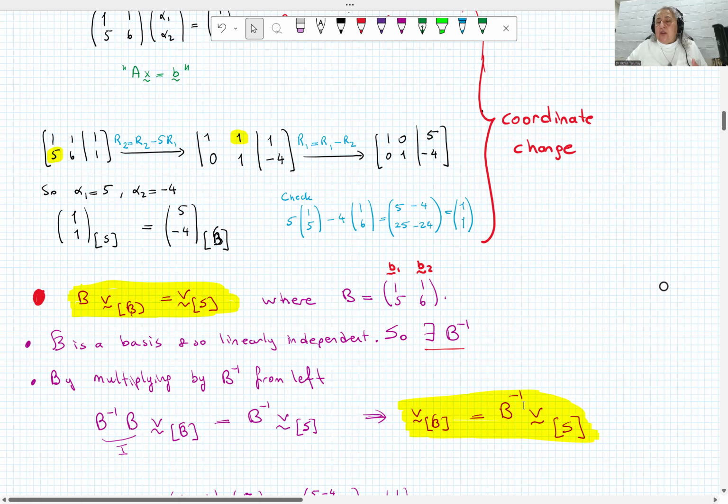You cannot do such things in general form because you may not have a square coefficient matrix. In this case, we have a square matrix as a coefficient matrix.